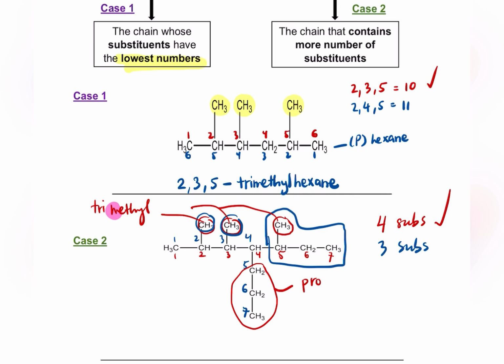The name will be propyl, and I'm going to use P as my letter in alphabetical order. So between M and P, M comes first. So let's give the numbering for methyl. They are at carbon number 2, 3, and 5. Then the name will be 2, 3, 5 dash trimethyl.